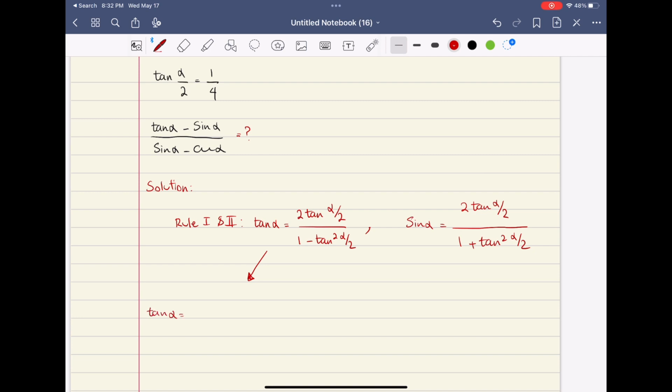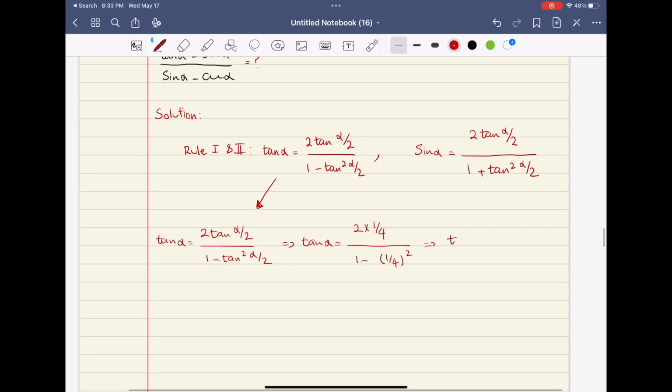So we are going to write down the formula for tan α, which is equal to 2 times tan(α/2) over 1 minus tan²(α/2). So we are going to put what we have for tan(α/2), which is 1/4. So tan α would be equal to 2 times 1/4 over 1 minus (1/4)².